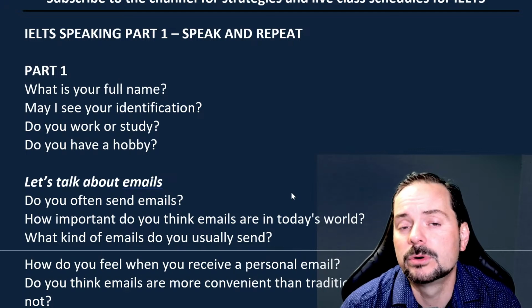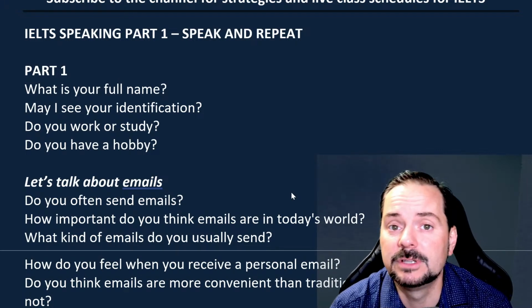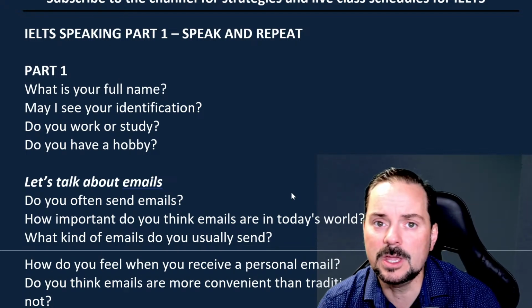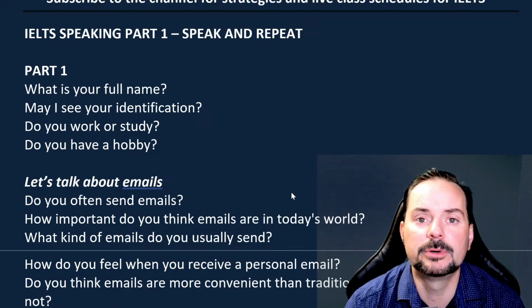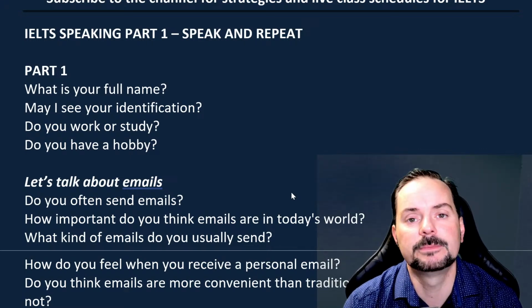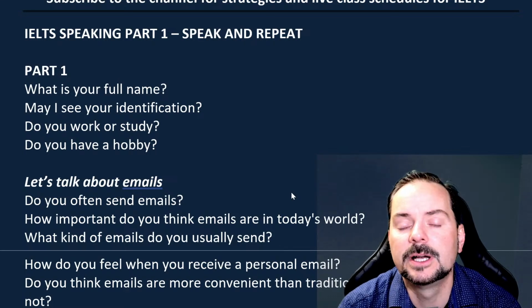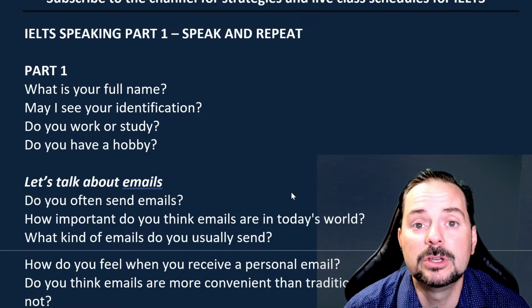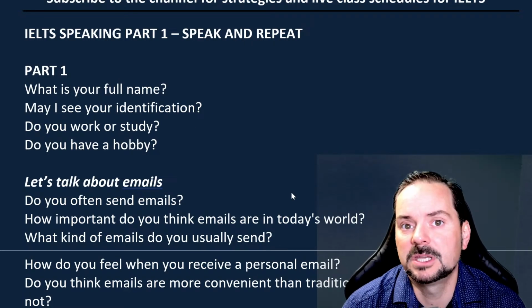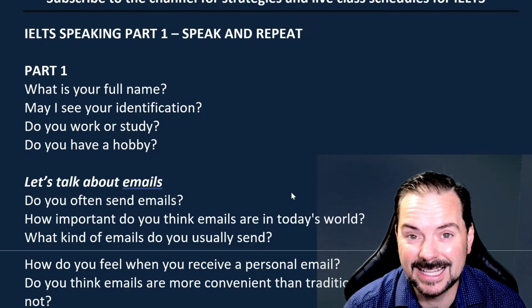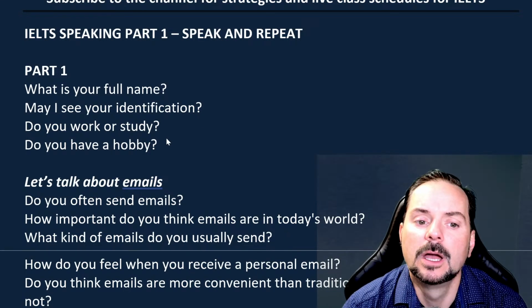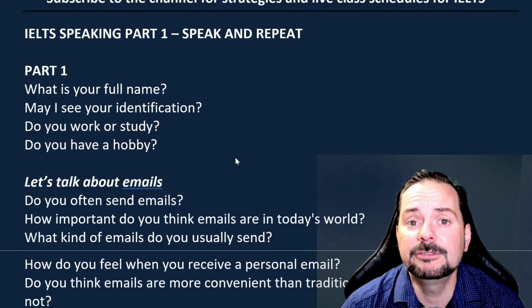So be ready for facing a variety of different accents. If you're in Europe, it's likely going to be a British person. If you're in India, it could be somebody who is from India. If you're in Canada or the US, it will most likely be a Canadian or an American, most likely, no guarantees.